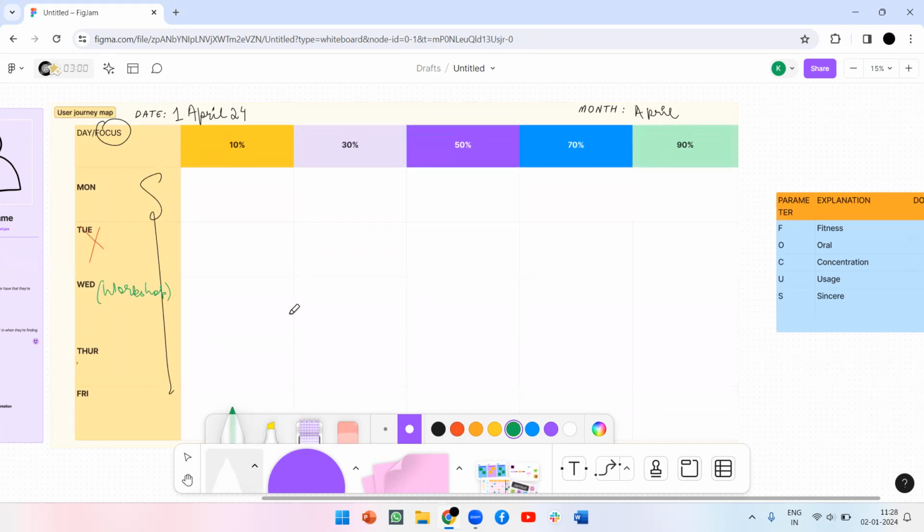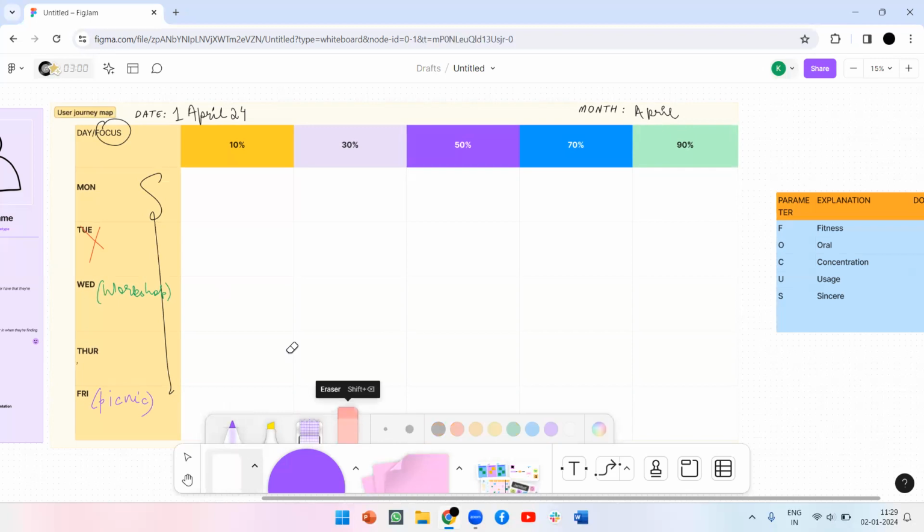And sometimes a particular day might be devoted wholly to a picnic, then no worries, you can write picnic. You can flexibly use this chart to mark how your day went.